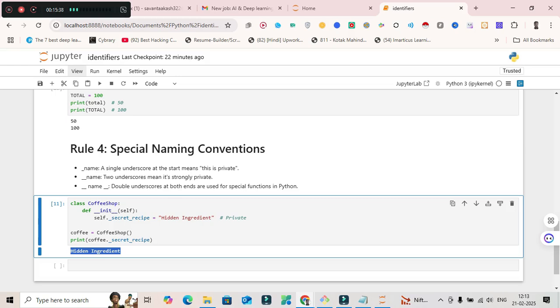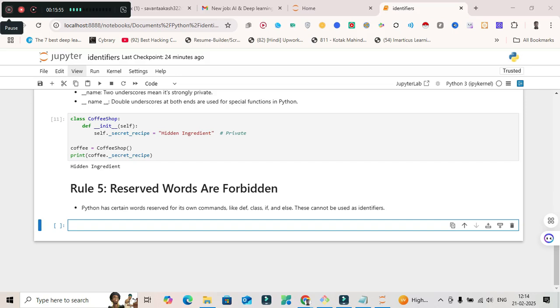Okay, so at the last, rule number 5, reserved words are forbidden. That particular part we'll try to understand in the next section. Python has certain words reserved for its own commands, like def, class, if, else.